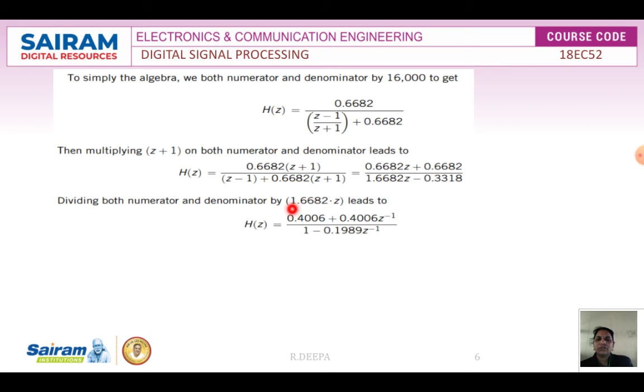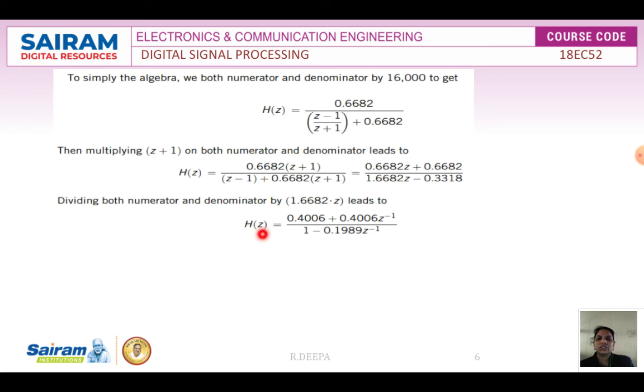Again, we divide so that we get the transfer function in terms of negative powers of z. Always remember, the transfer function of any filter has to be represented, both the numerator and the denominator polynomial, in terms of negative powers of z.